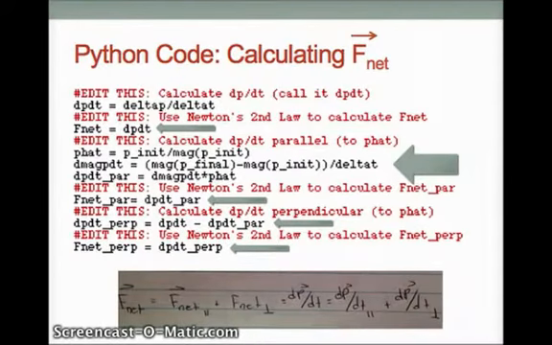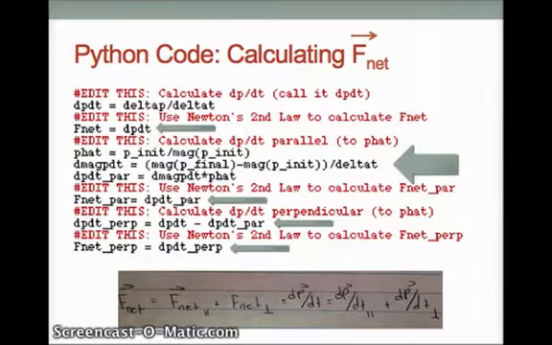Here we utilize all of our calculations from the observational data and apply Newton's second law to link dp/dt to Fnet. Going further, we can describe the speeding up and slowing down of the star by calculating dp/dt parallel, which we know to be equal to the change in the magnitude of momentum divided by delta t and multiplied by p hat.